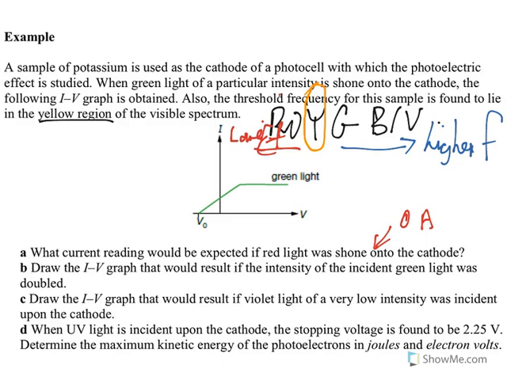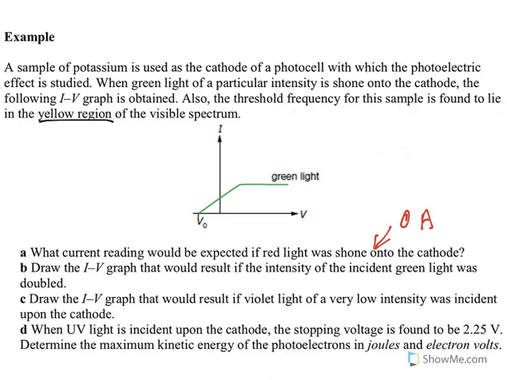Part B says draw the graph that would result if the intensity of the incident green light was doubled. So remember, if the green light is doubled, what that means is we're getting more photons.